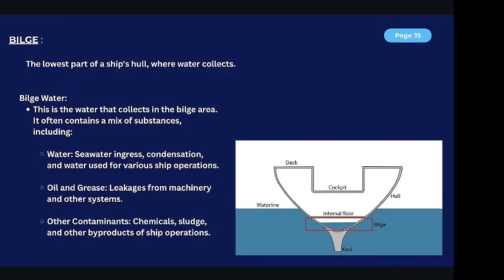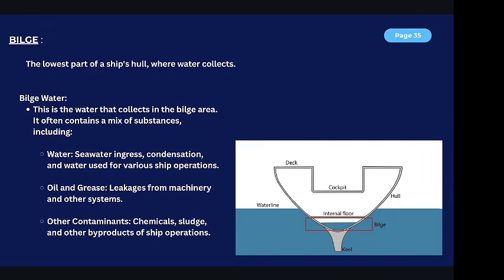So next that we have is what we call the bilge. The bilge is the lowest part of the ship's hull where the water collects.